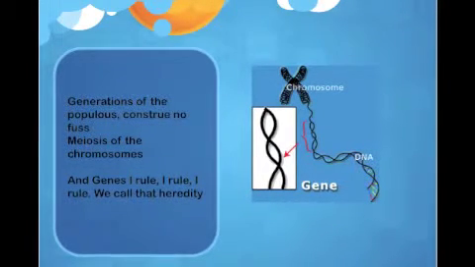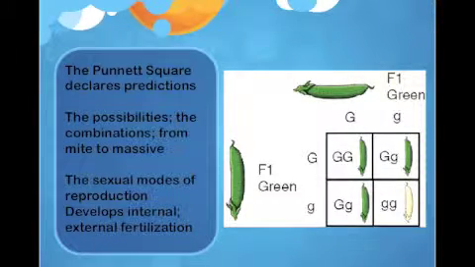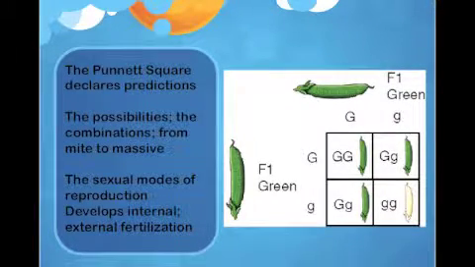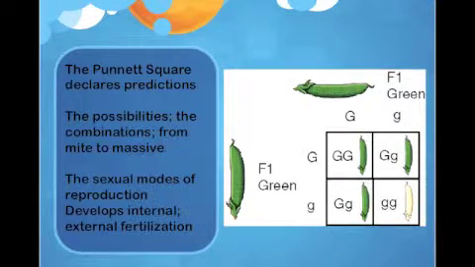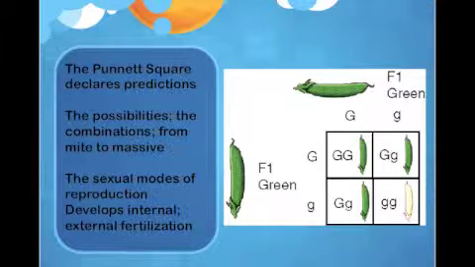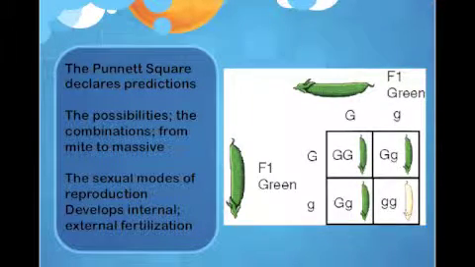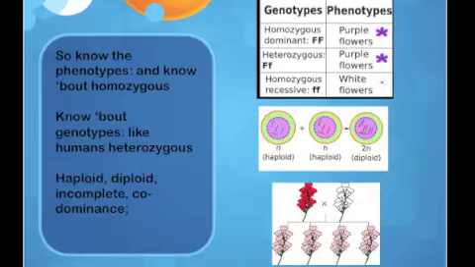We call that heredity. The Punnett square declares predictions. The possibilities of combinations from light to massive. The sexual modes of reproduction develops internal, external fertilization.